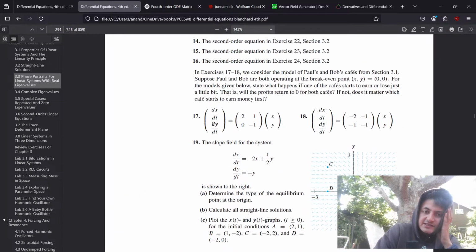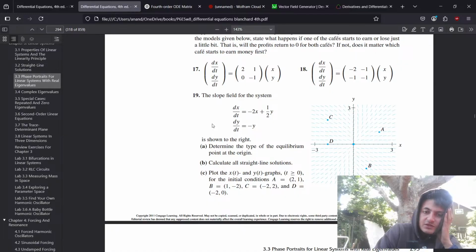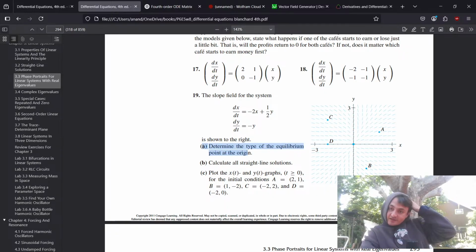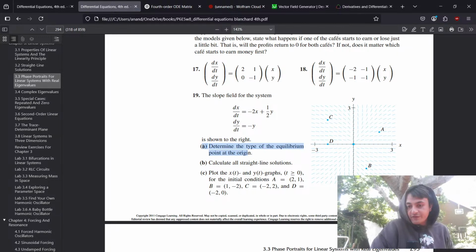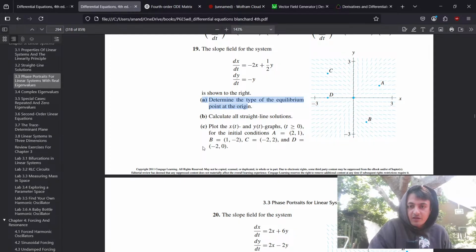All right, so this one, like 19, determine the type of... you basically find the eigenvalues, and if they're all negative, then it's a stable sink. It's a saddle if there's one that's not and one that is, and then it's a source if they're both positive. All right, then for calculate all straight line solutions, you just find the eigenvectors.